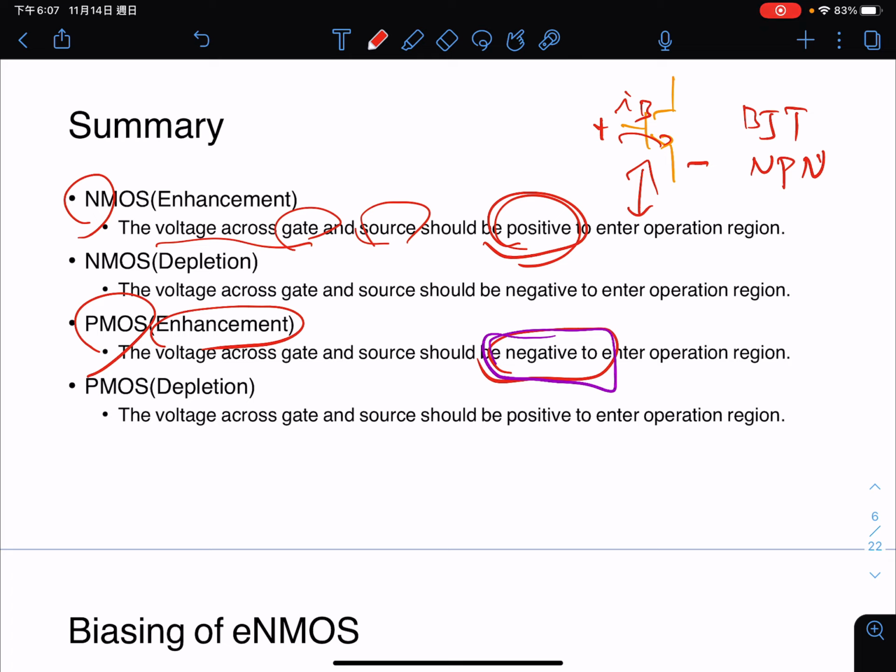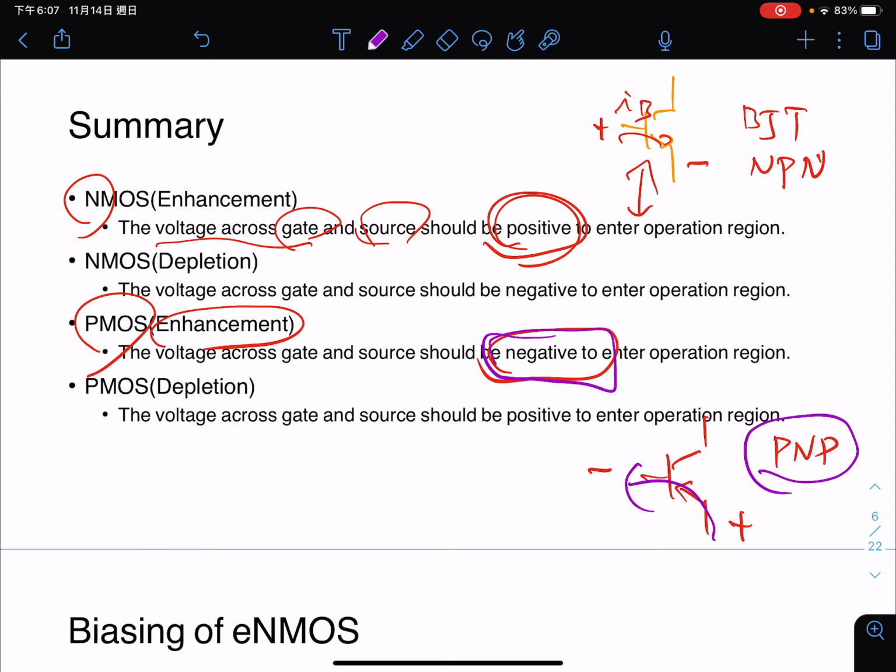For the PMOS enhancement type, you can compare it with the PNP transistor. Let me draw it better. For the PNP transistor, you need a negative voltage here such that current flows through this way. So this is similar to the PNP bipolar junction transistor.